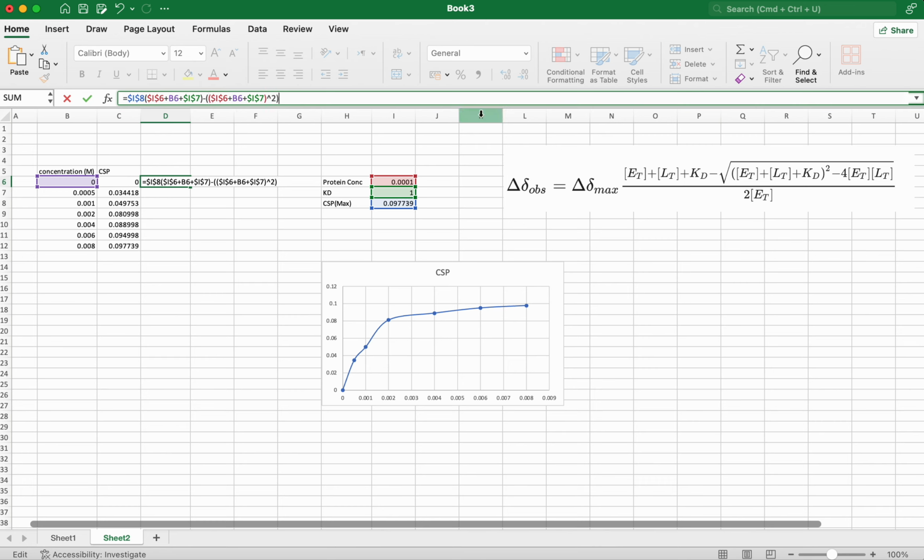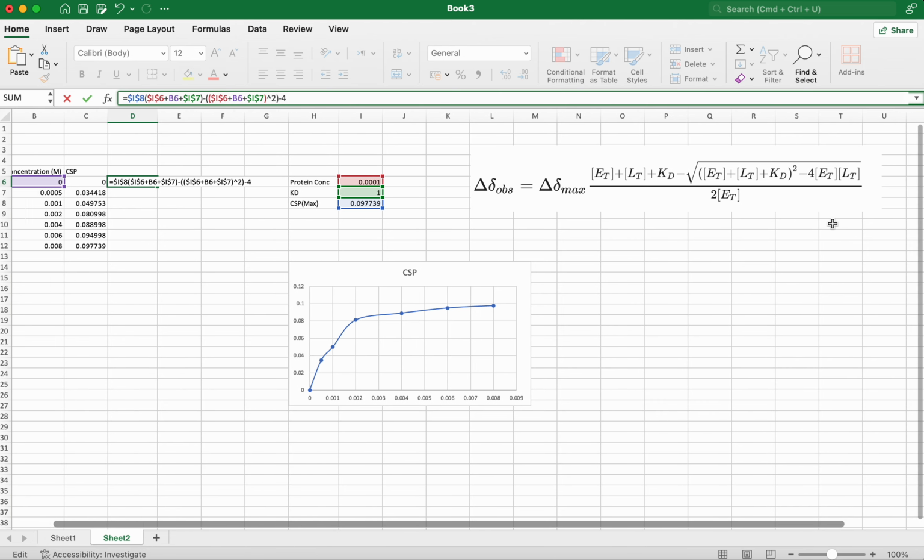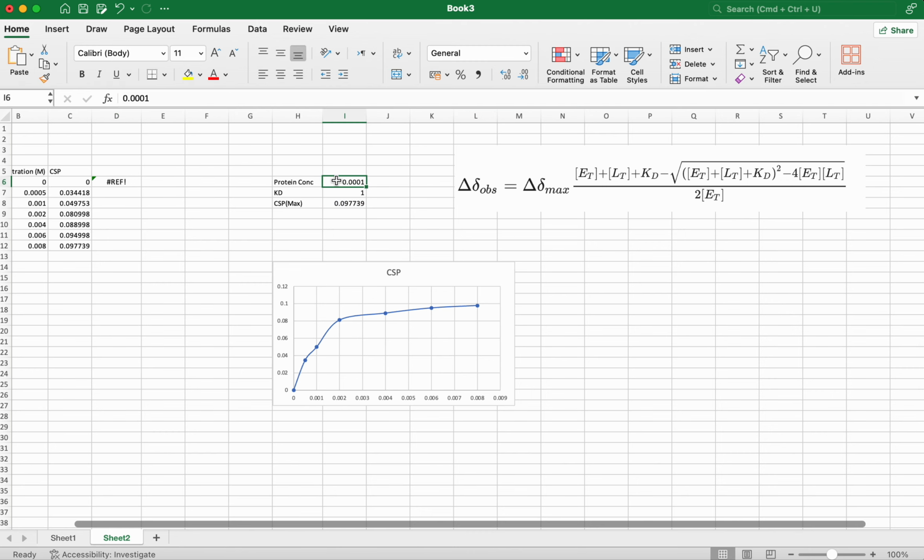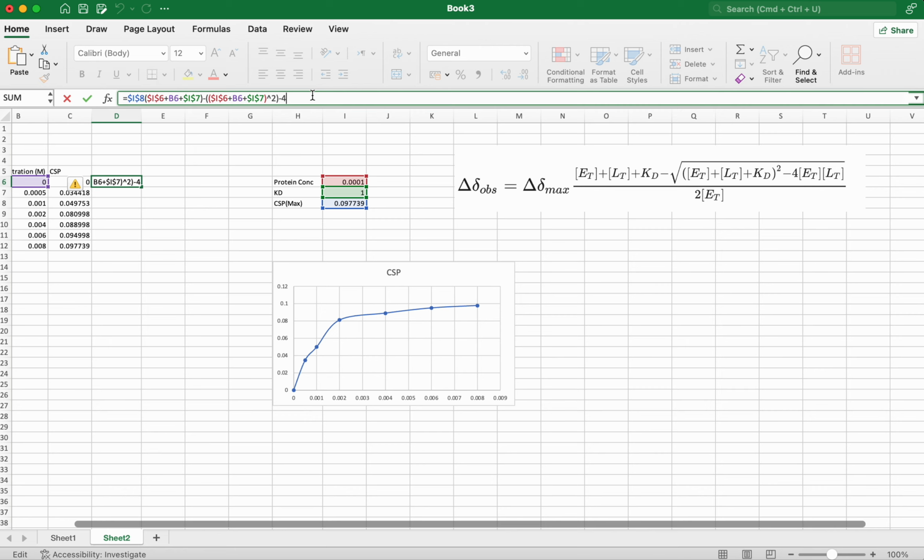Then I have minus 4 and the total protein concentration, minus 4. Then I add protein concentration into ligand concentration.